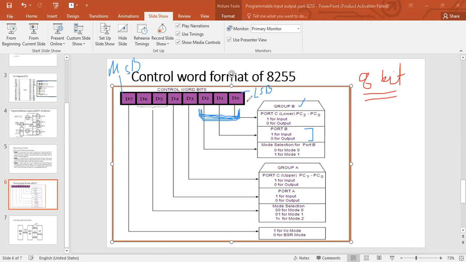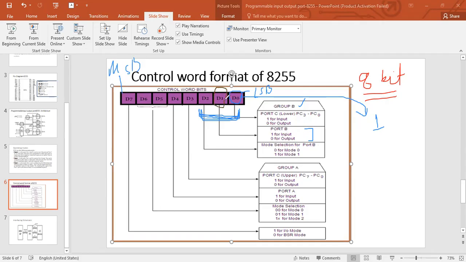If the value of the D0 bit is 1, it means port C lower is acting as an input port. If the value of D0 is 0, it means it is acting as an output port. In the same way, port B is acting as an input or output port. How is it decided? It is decided on the basis of the D1 bit.